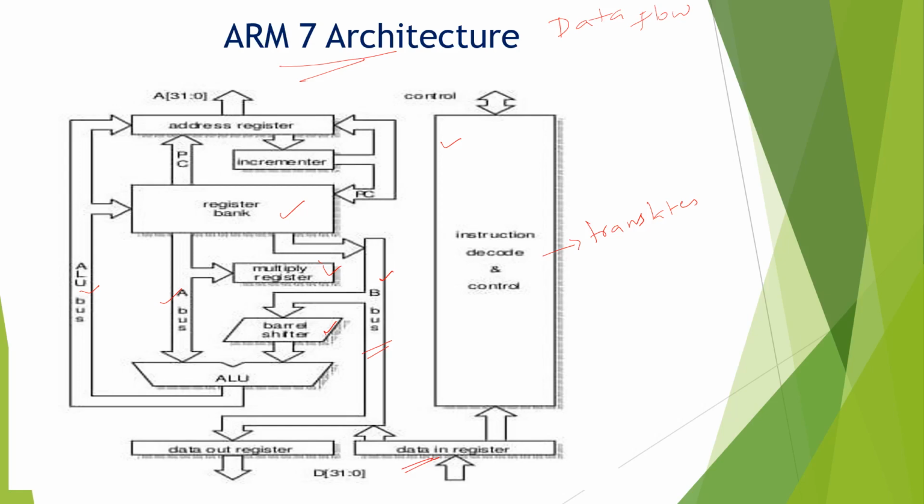It has two instruction types for transferring data in and out of the processor. Load instructions copy data from memory to registers, and store instructions copy data from registers to memory.